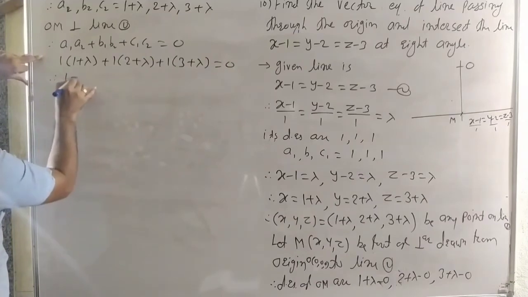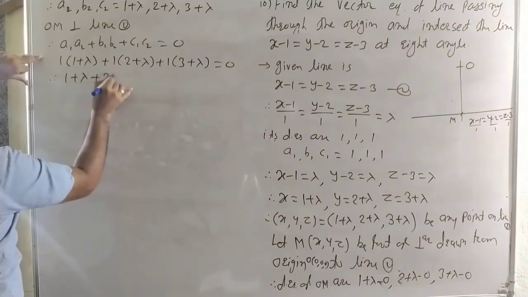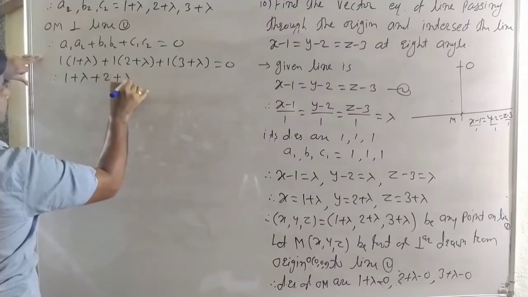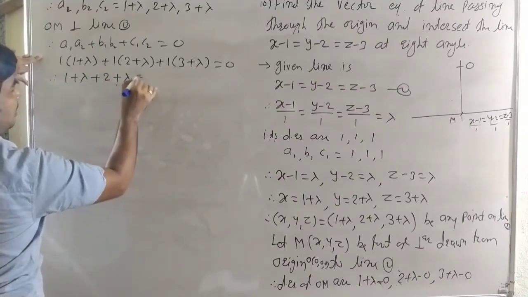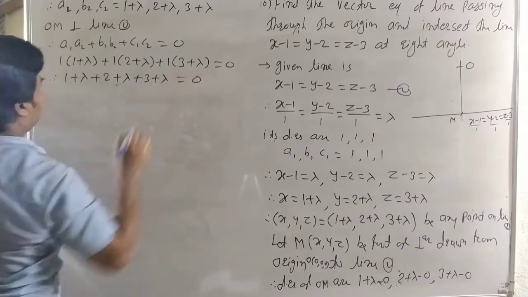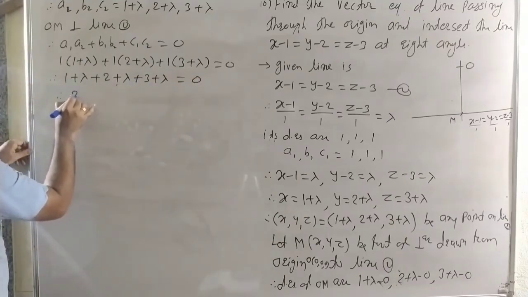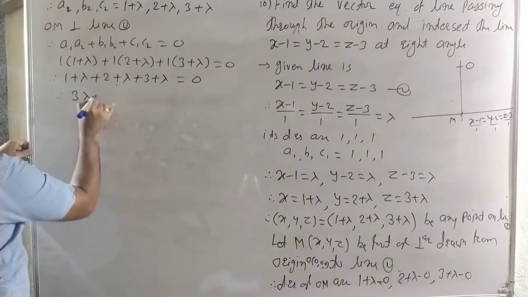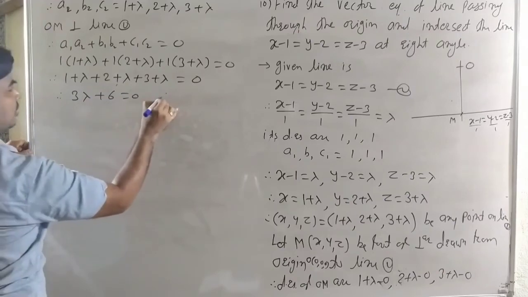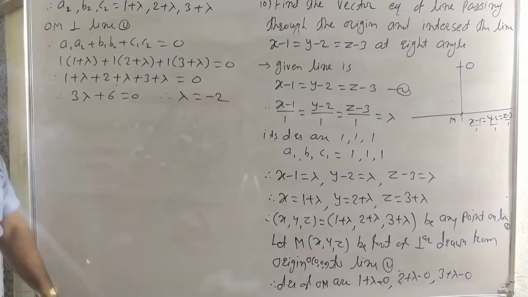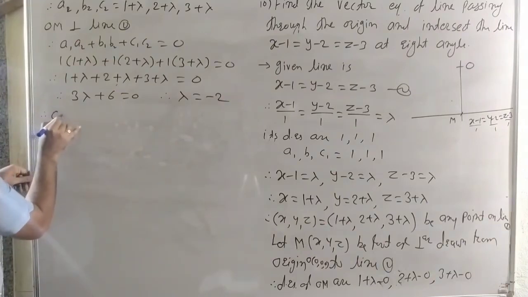Therefore it is 3 lambda plus 6 is equal to 0, and therefore lambda is equal to minus 2. It is the value of lambda.